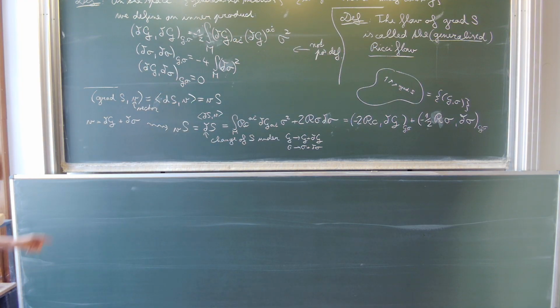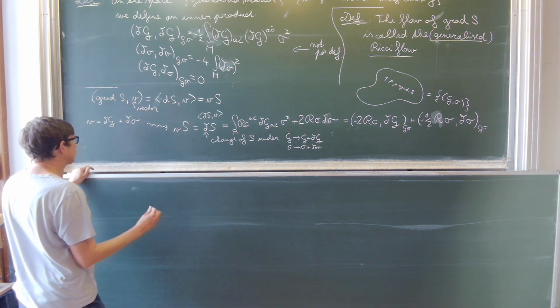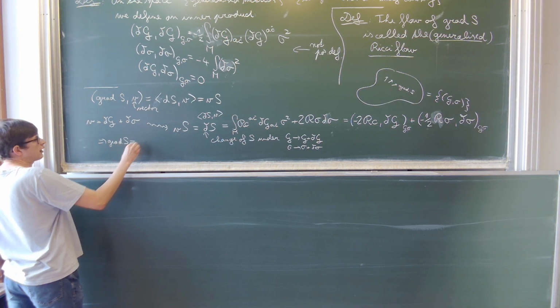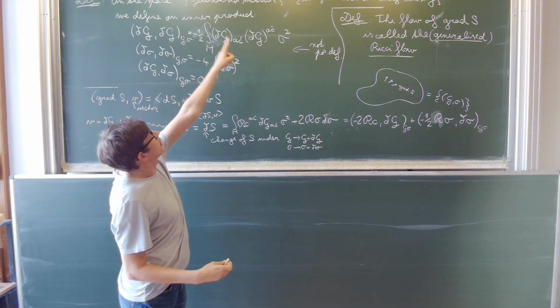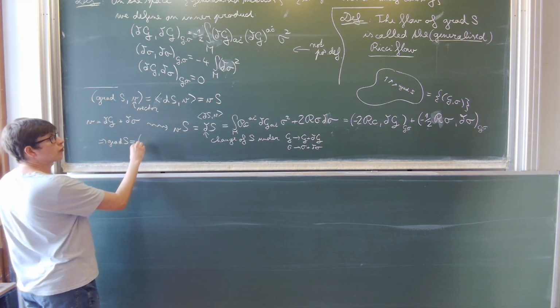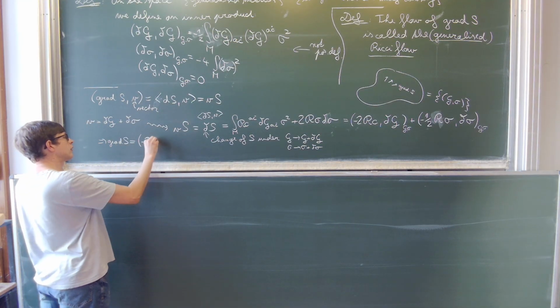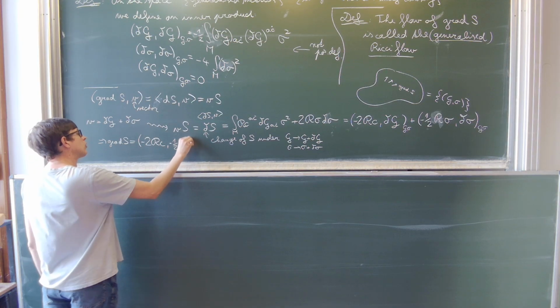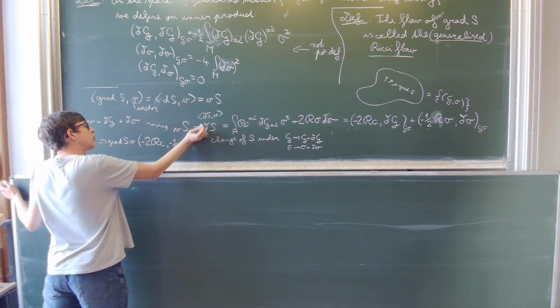Okay, so now we can just extract this thing, and we see that the gradient of S is a vector. It has components along that part and that part. The component along the first part is minus 2 Ricci, and the component along the other part is minus 1/2 R times sigma.